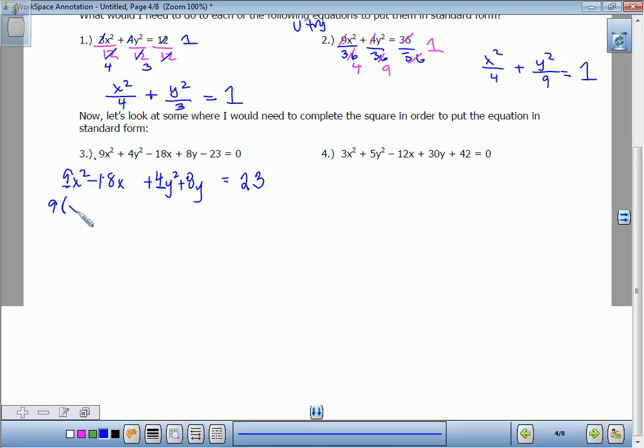Whatever that leading coefficient is has to be factored out of all the x values. So now this is what we have. Okay, the leading coefficient for your y has to be factored out of all of the y values. So it has to be factored out of the 4y squared and the 8y.